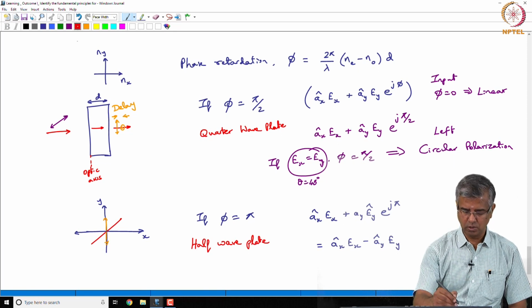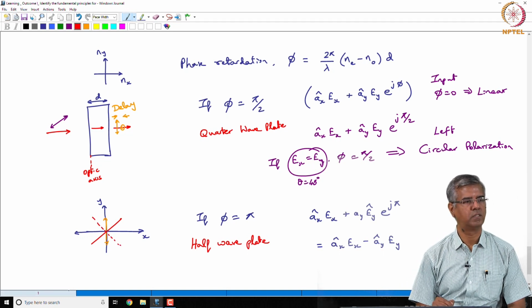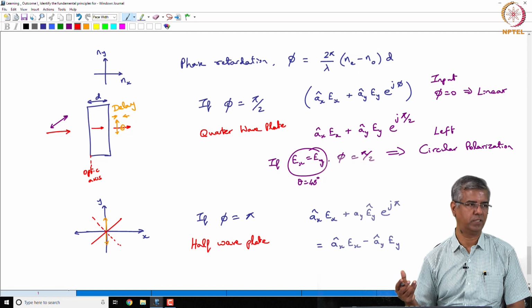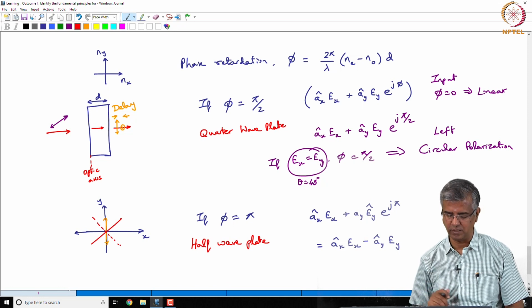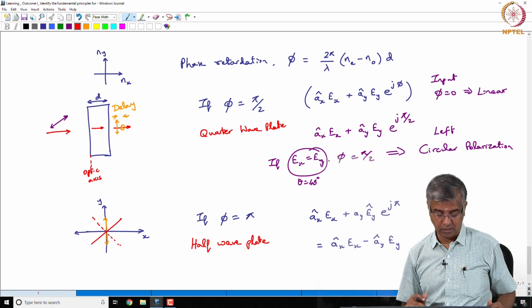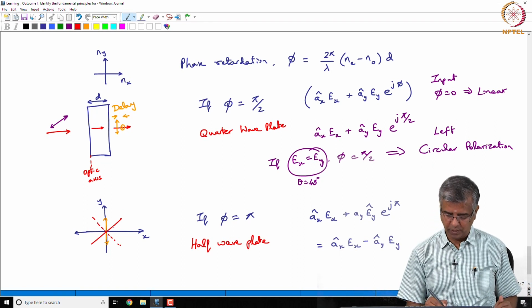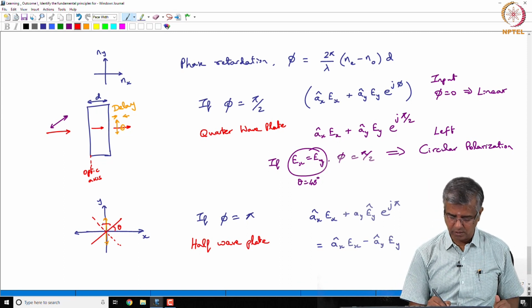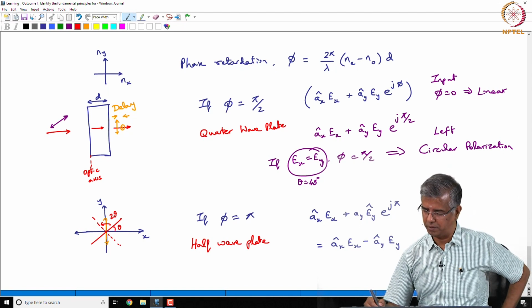So, what you will have is a polarization that will still be linear, because it is just giving you a pi phase shift. That means it just flipped one of the components. It still remains linear, but it gets rotated. If theta is your incident angle, you will find that the output will be rotated by 2 theta.